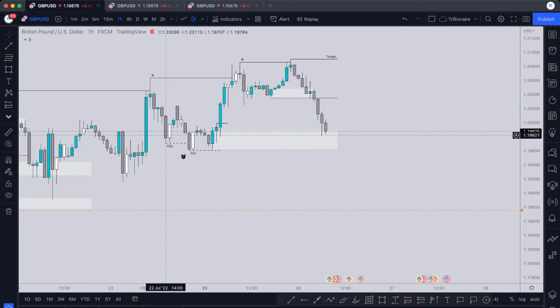I'm actually going to pay attention to this imbalance just in case price decides to give us some type of reaction here.